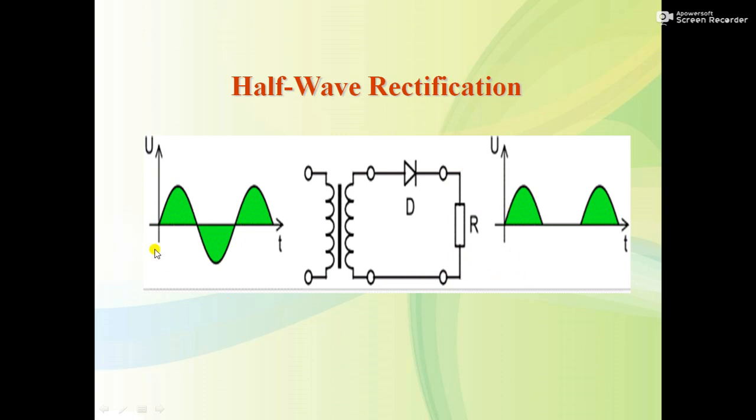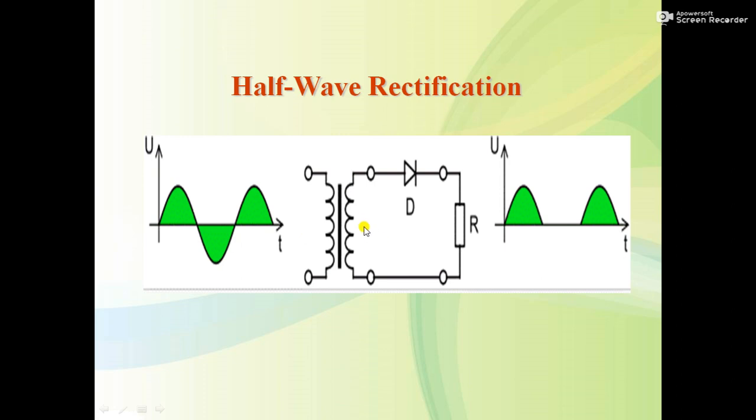First of all, I will apply the positive part of the signal to the primary winding of the transformer. First of all I will apply only this part to the primary winding.